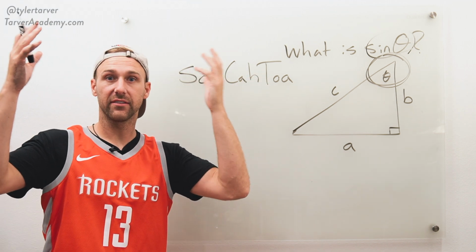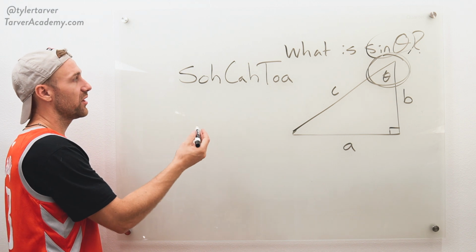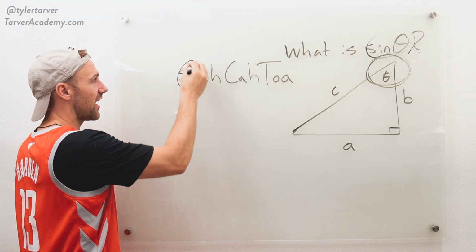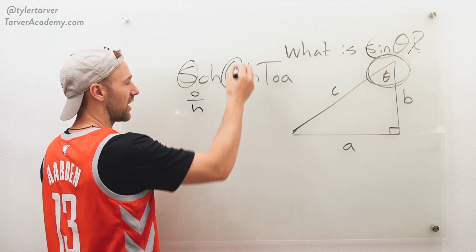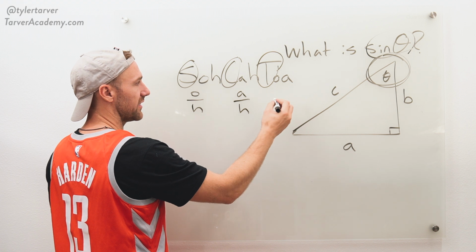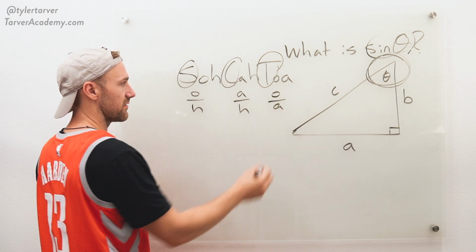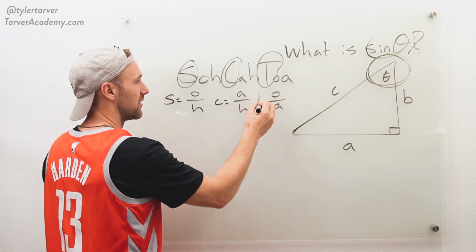We can remember that, right? SOHCAHTOA. Okay? So that means sine is opposite over hypotenuse, cosine is adjacent over hypotenuse, and TOA is opposite over adjacent, okay? So that's how you would break down all of these.